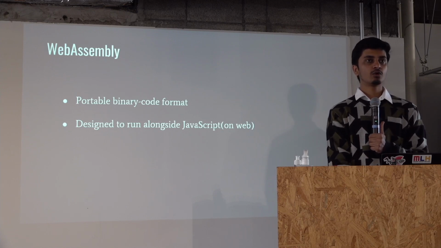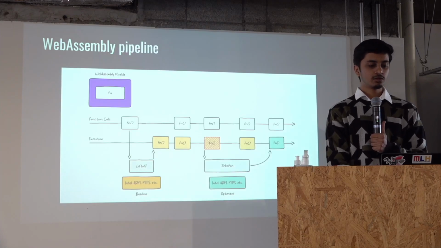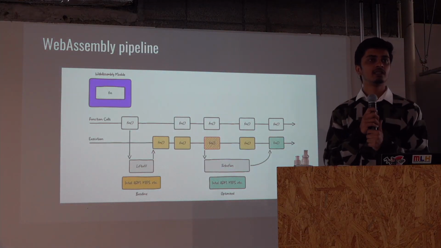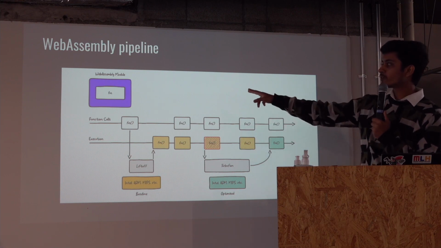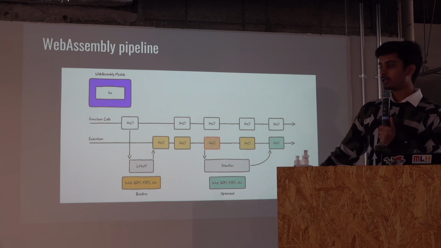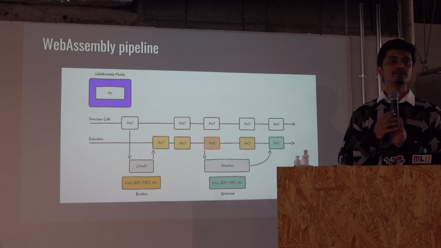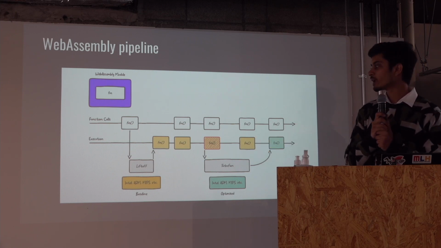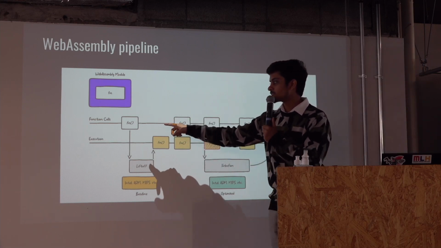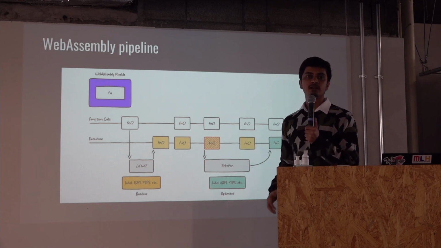Now, talking about how the JavaScript engine and the optimization applies to WebAssembly. Let's see this simple WebAssembly pipeline. I hope it is visible till the end. Initially, if a particular function in your WASM module is called once, the Liftoff compiler, which is the baseline compiler of the WebAssembly pipeline, executes that function, and if that same function is executed twice, then it is considered a hot function.